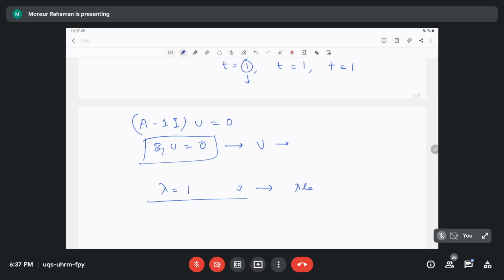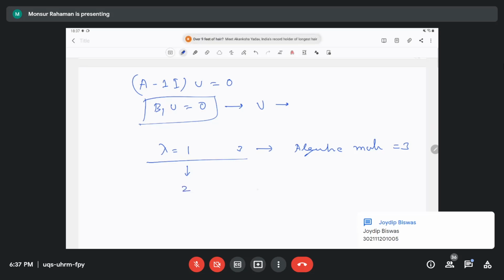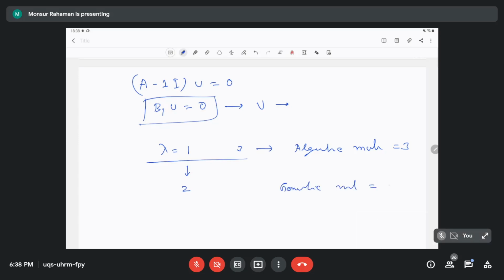And for that eigenvalue, if you have two independent eigenvectors, then that will be called the geometric multiplicity, which is 2. If they differ, then that matrix will not be diagonalizable.